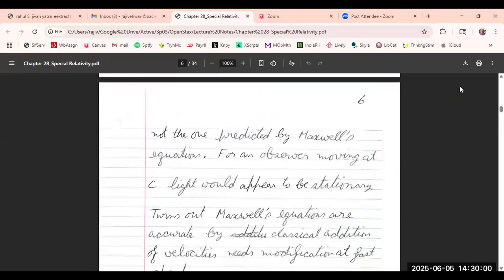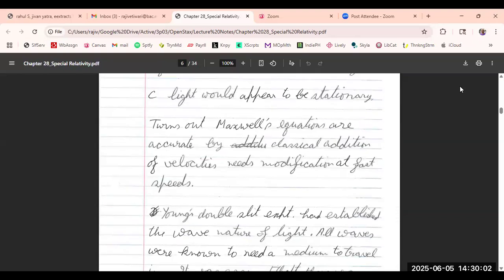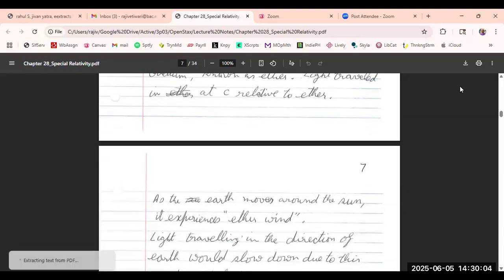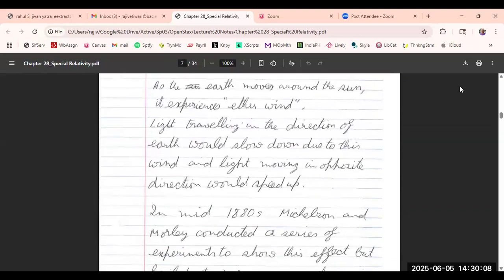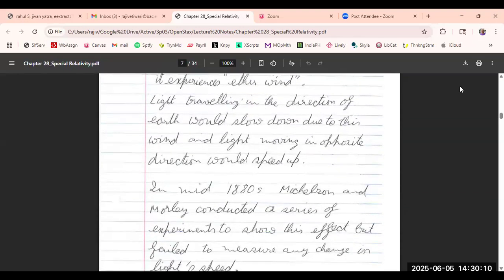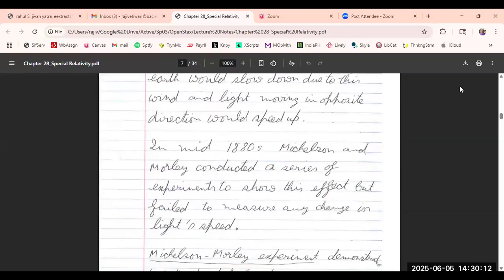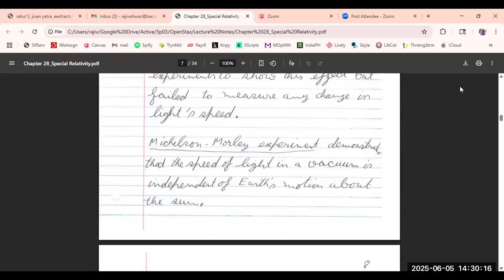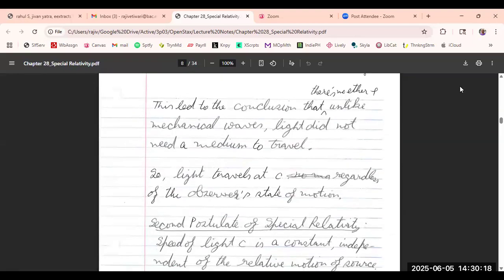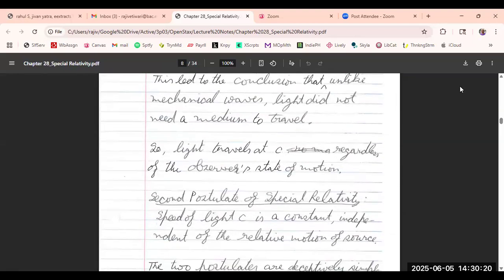So after a lot of thought and different experiments, it was established that the speed of light is 3 times 10⁸ meters per second, regardless of what frame of reference it is measured from. So light travels at that speed.